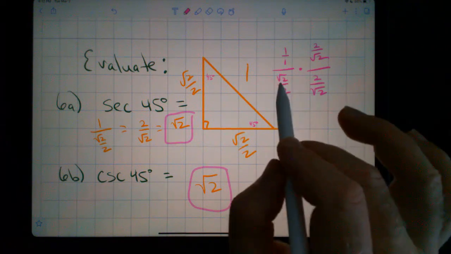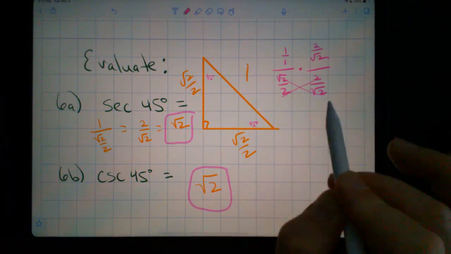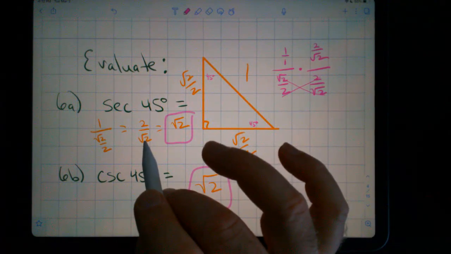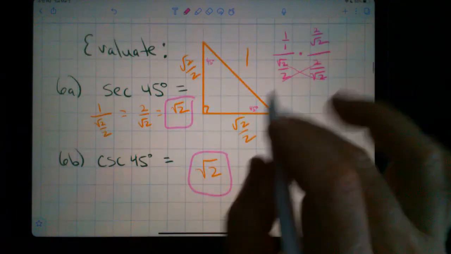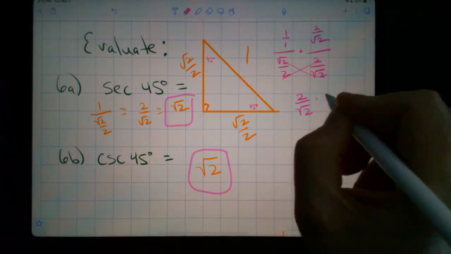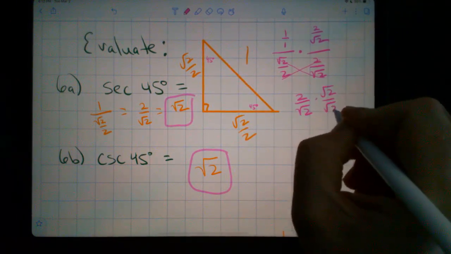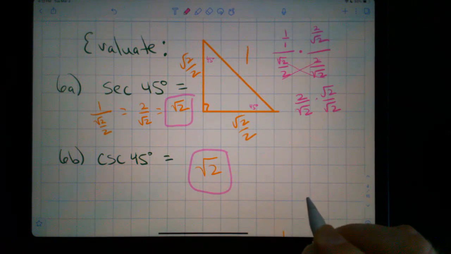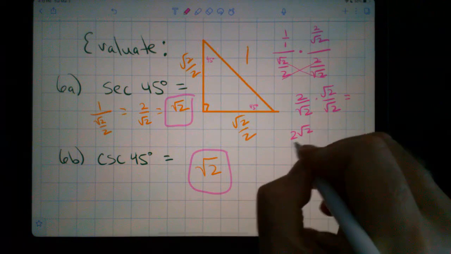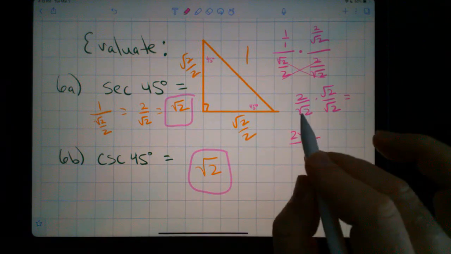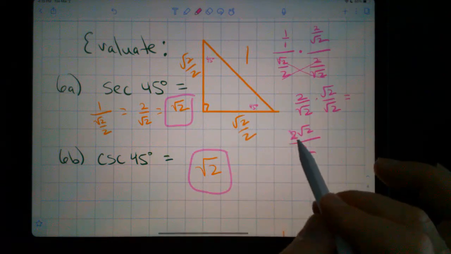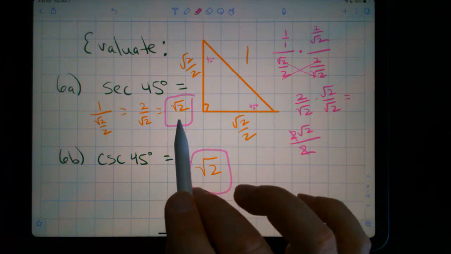But here in the denominator, these simplify out, giving you 2 over root 2. But there you have a radical in the denominator. We can rationalize this denominator by multiplying by root 2 over root 2. What this gives you is 2 root 2 in the numerator. Radical 2 times radical 2 is 2. And then now these simplify out, giving you just radical 2.